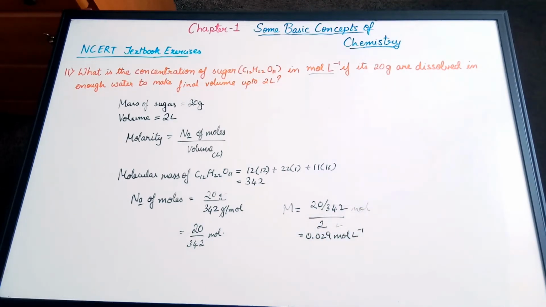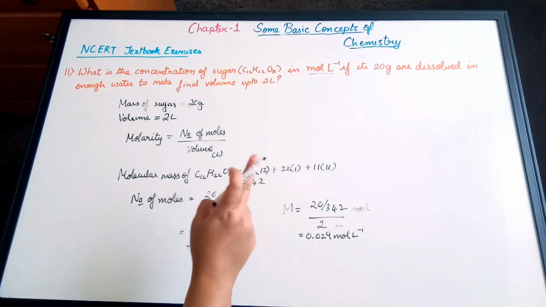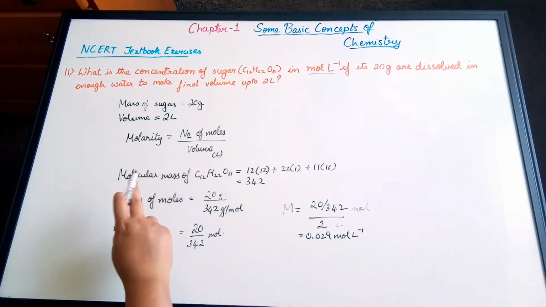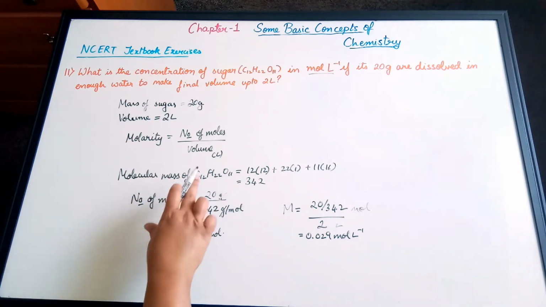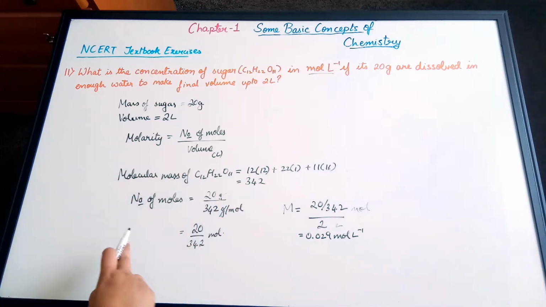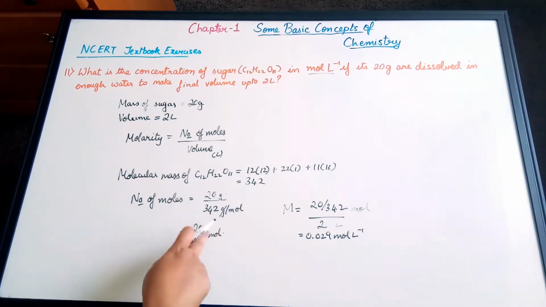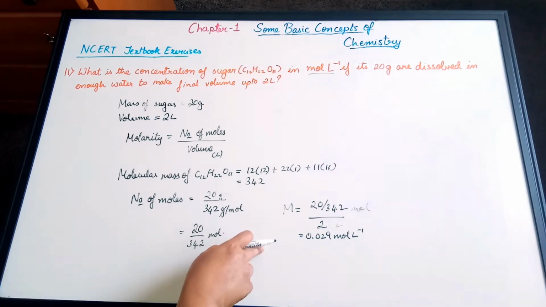So basically we were supposed to find the molarity, because we have been asked the concentration in moles per liter. We first calculated the molecular mass of sugar, followed by the number of moles of sugar present, and then we divided these two values to give us the molarity of that particular solution.